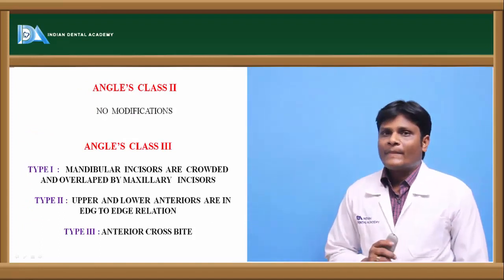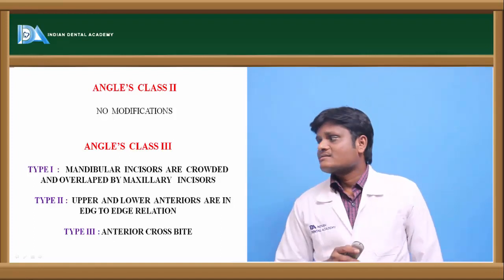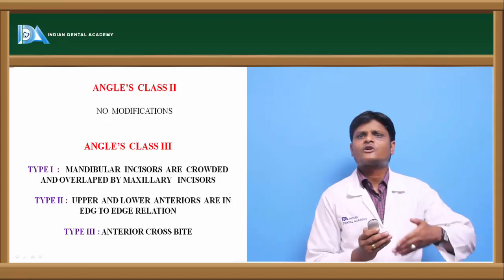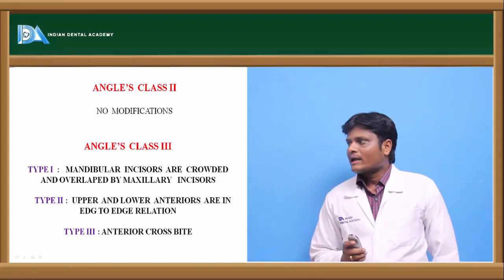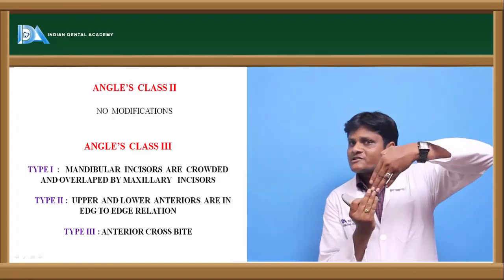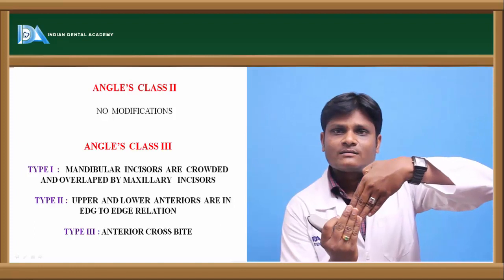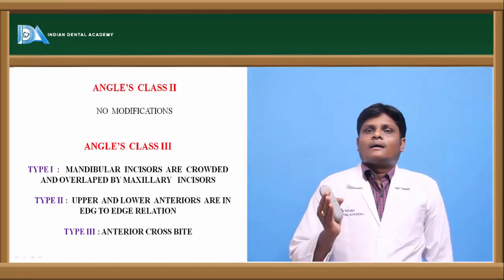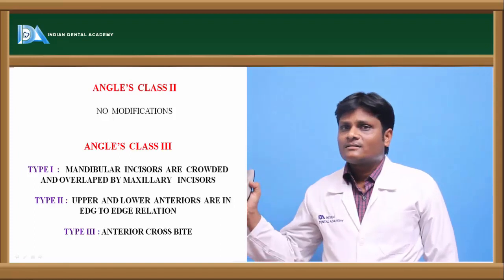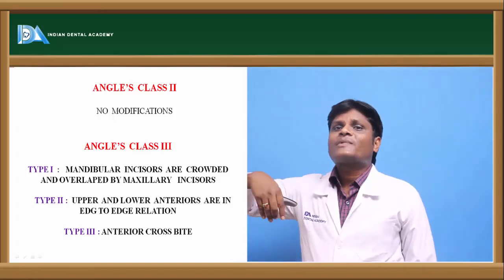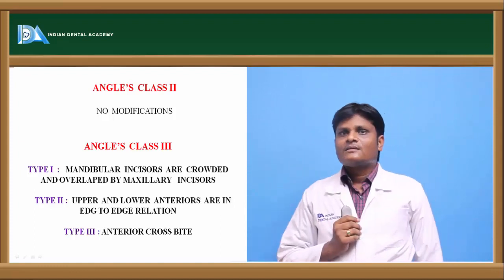Type 1 is where mandibular incisors are overlapped by maxillary incisors, but the mandibular incisors are crowded. That means there is no reverse overjet. Type 2 means upper and lower anteriors are in an edge-to-edge relationship, and type 3 means there is an anterior crossbite. So Angle's class 3 malocclusion, Dewey's modification type 1 indicates the characteristic feature of overlapping of lower anteriors by upper anteriors with crowded lower anteriors.